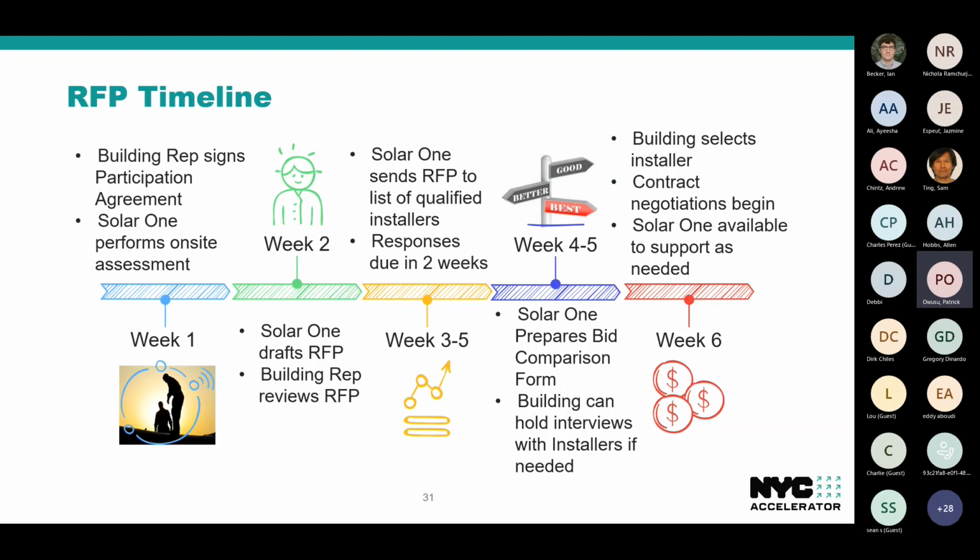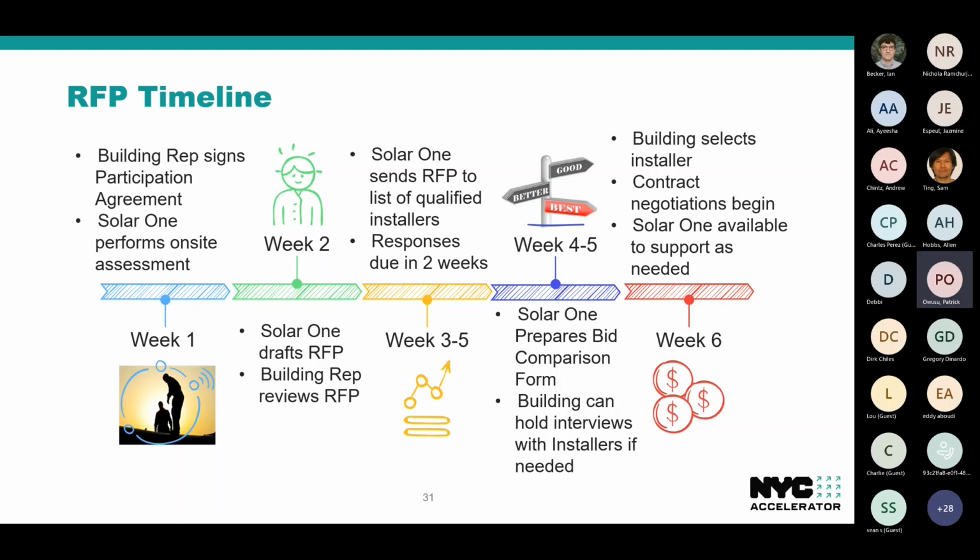Weeks 4 and 5 are a big comparison form, where all the bids that come in from weeks 3 to 5 are put together and consolidated, with a little compare and contrast, so that the building representative can understand the benefits of each installer's proposal, the cost of each proposal, and what equipment they're attempting to provide for the solar installation. This will be a pivotal point where the building representative makes that solar decision.